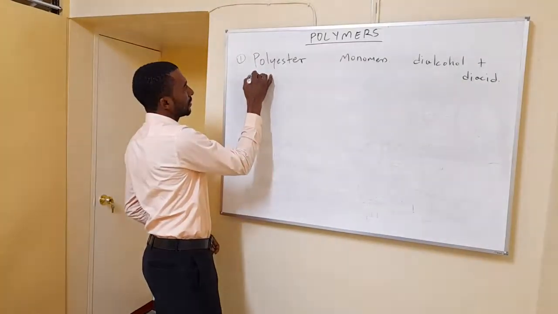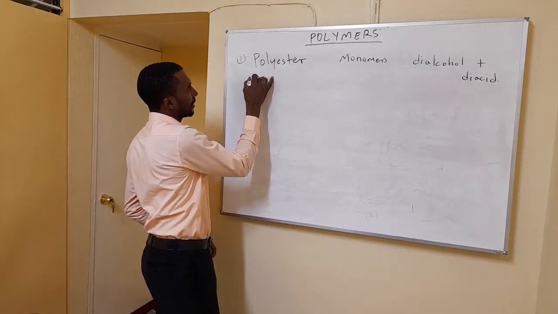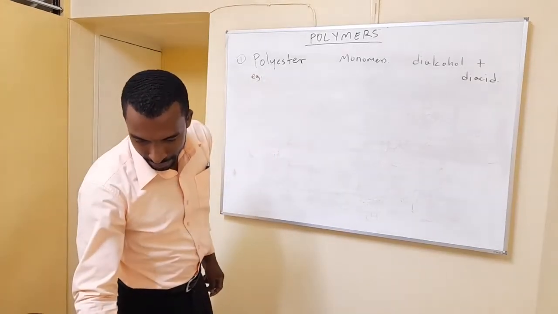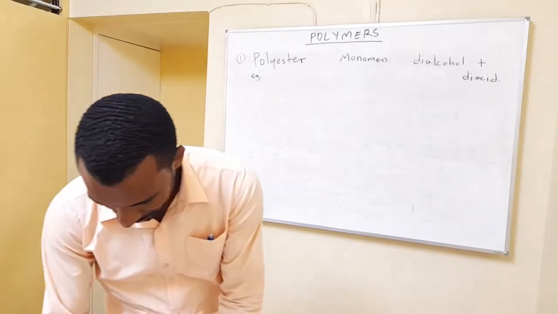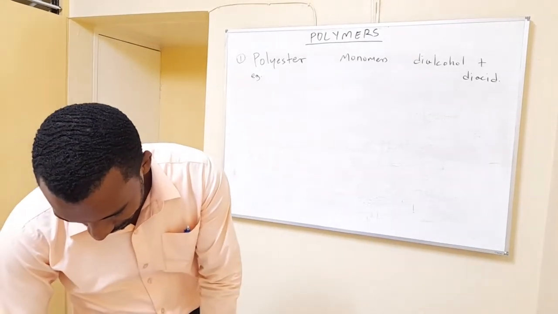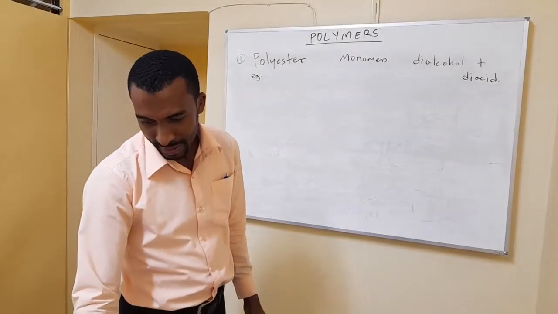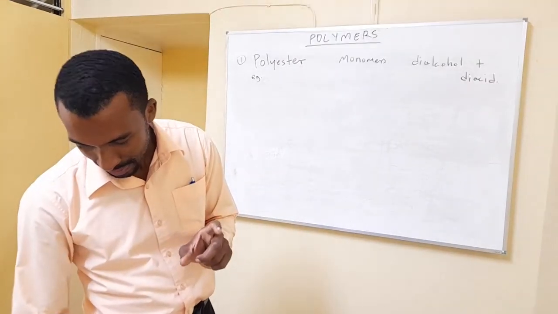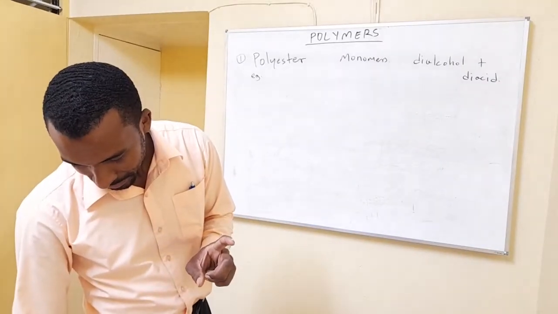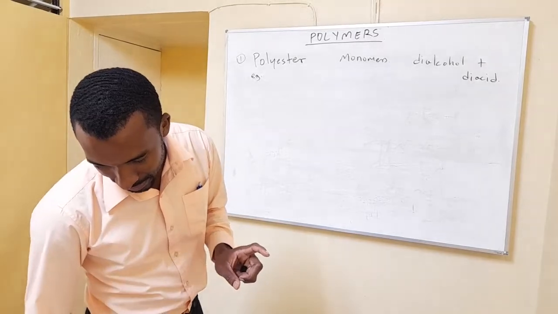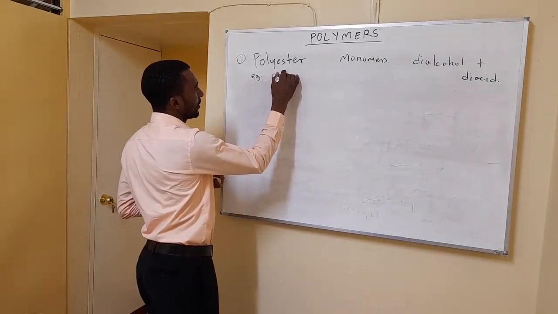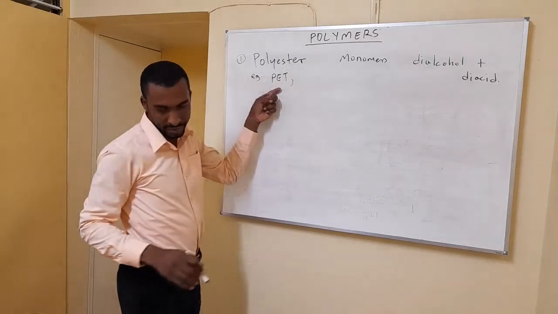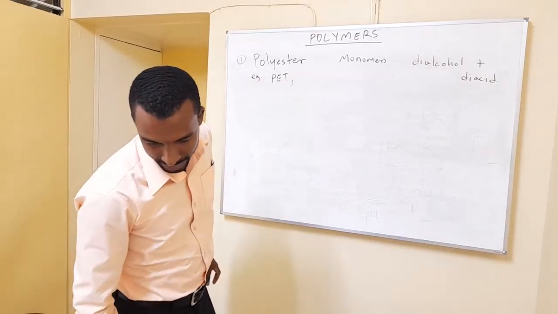Polyester, a real life example of polyester. So these are made like the soft drink bottles are polyesters. So it is polyethylene terephthalate, PET. You can research what that stands for as your assignment. And Terylene.